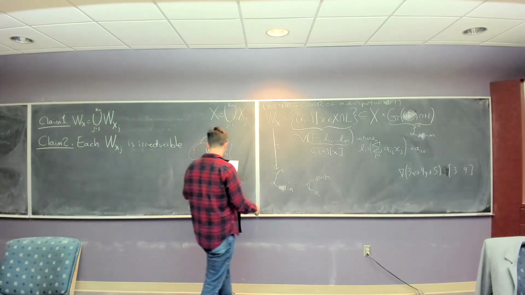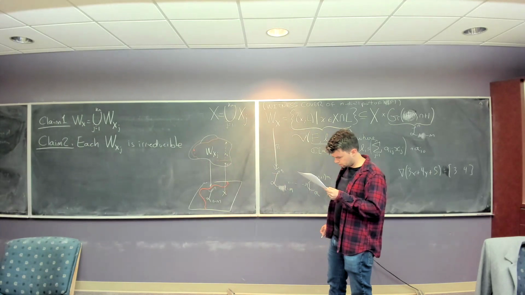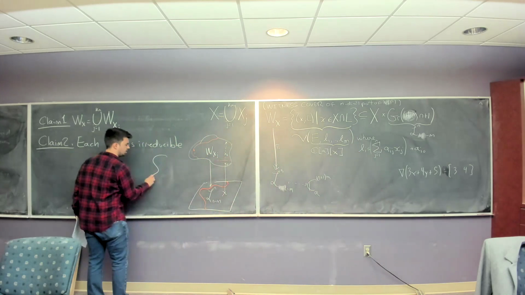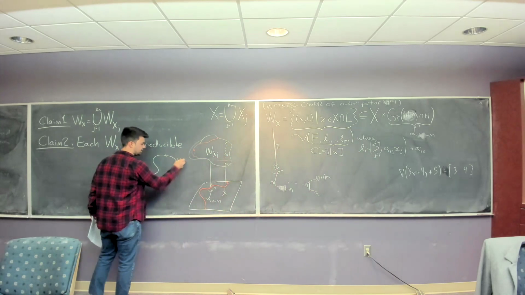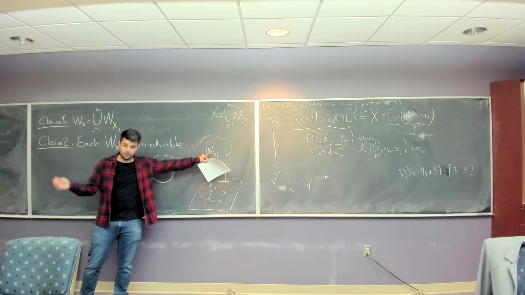So what will we do? So this is WXj, and then somewhere we have actual Xj. And these are different, because this is a variety and this is a variety with a bunch of linear spaces.